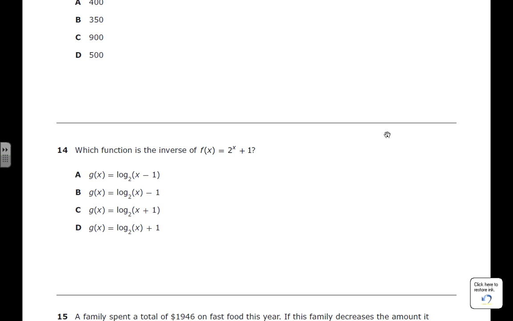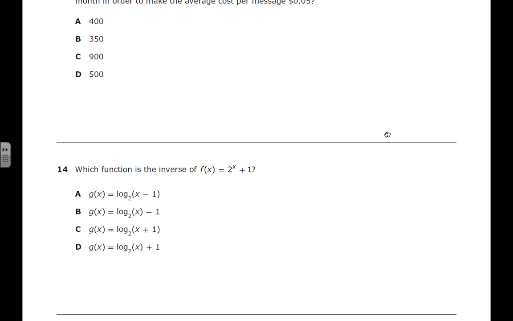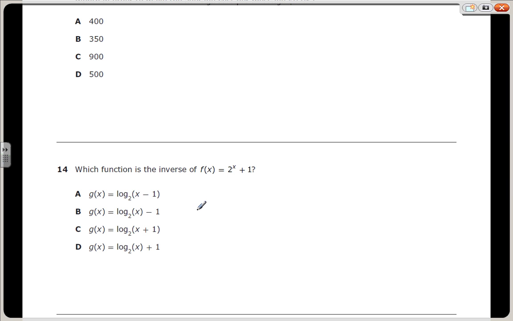Question 14. It says, which function is the inverse of f of x equals 2 to the x plus 1? So when you're computing inverse, it's easier to express f of x as y. So I'm going to rewrite this function as y equals 2 to the x plus 1.